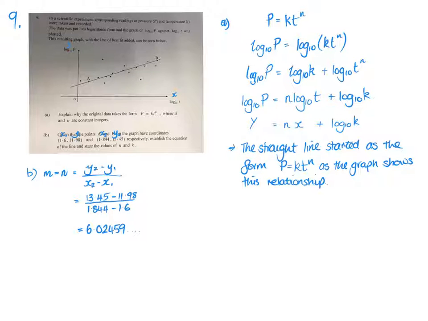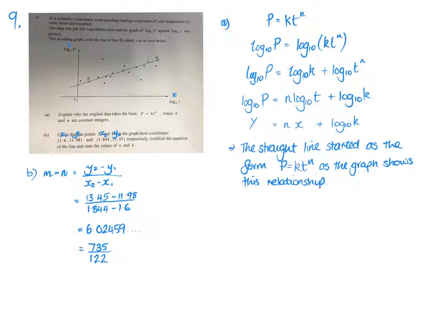You could leave it as a fraction, though it's a pretty horrendous fraction: 735 over 122.